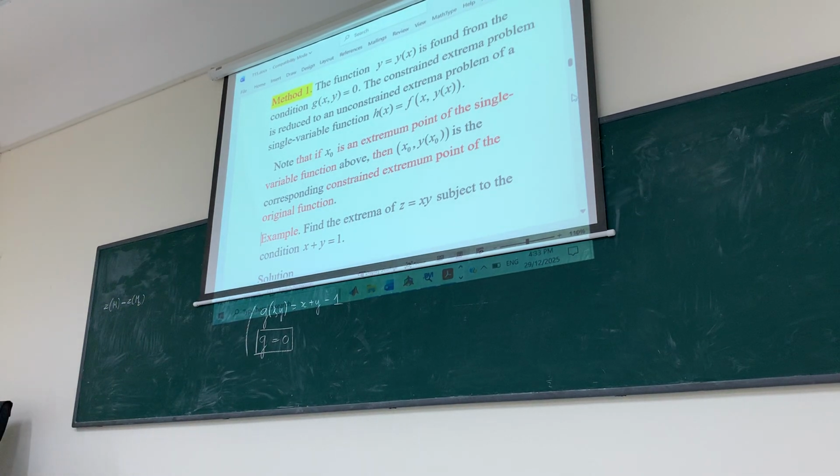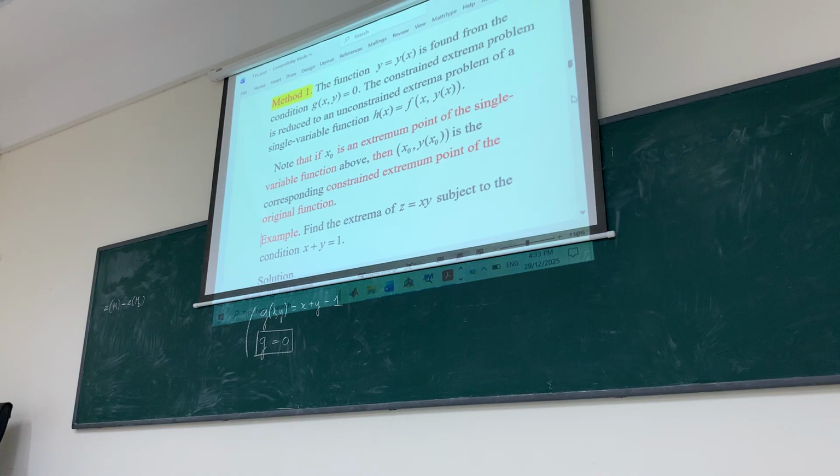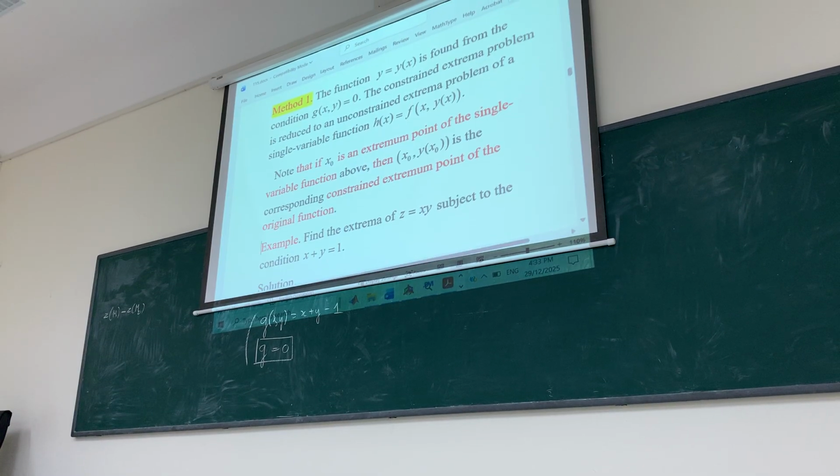Now, you want to apply method 1 to the example to find the constrained extrema. How to do that? First, from this condition, we need to express y as a function of x.